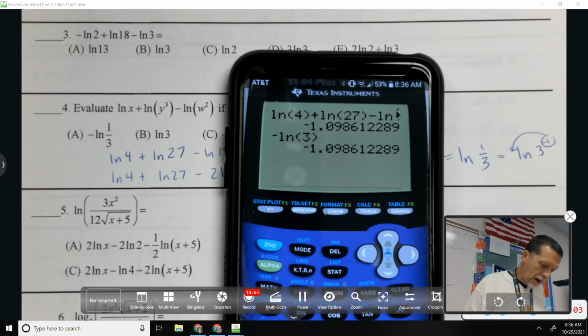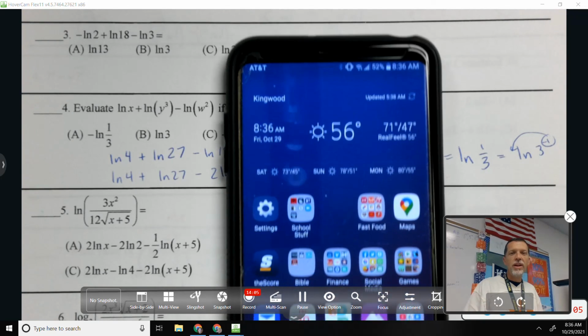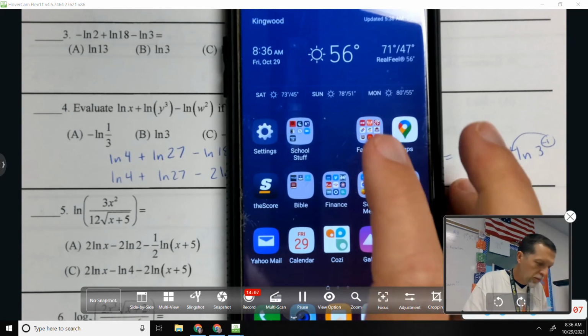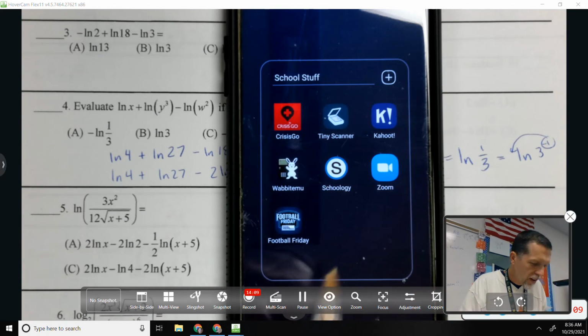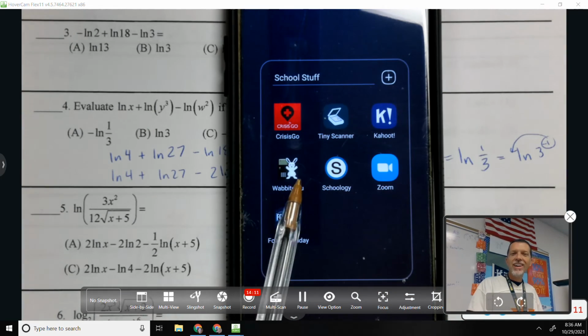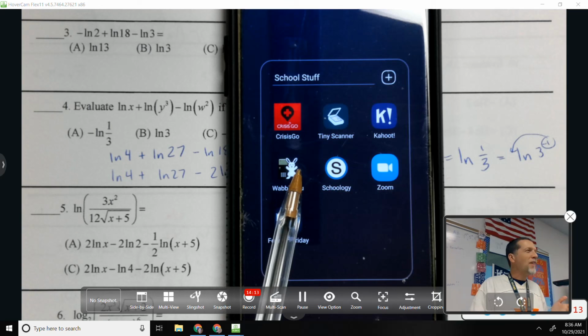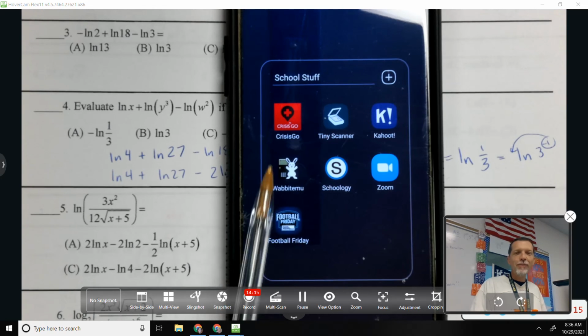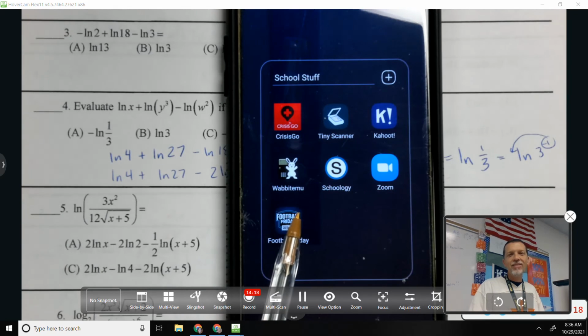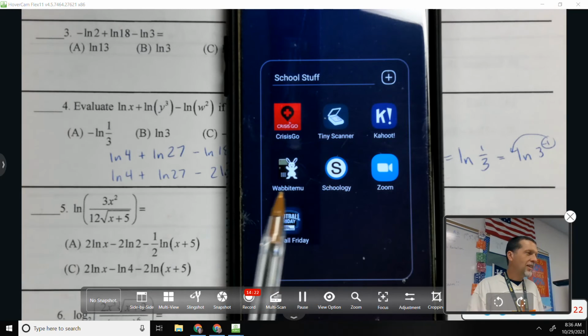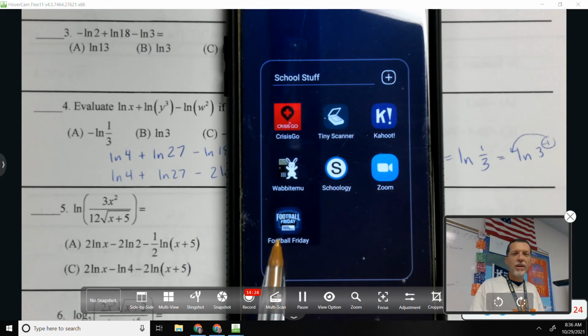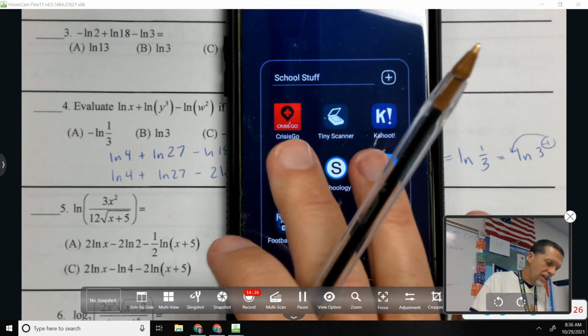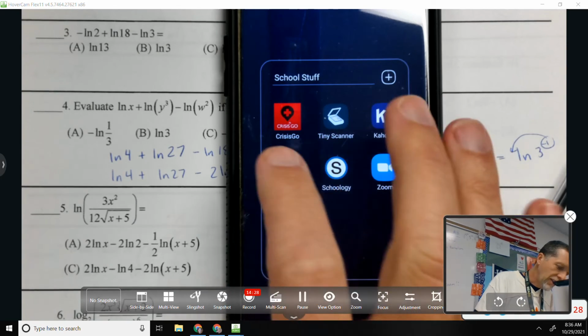Okay, now this app. This is an Android phone, so that probably doesn't apply to any of you, but school stuff. Wabbit Emu. What? Wabbit? How somebody found this, I don't know, but Wabbit Emu is a TI-83 or 84. Emu is emulator. There's nothing on Apple because I have a silly Android.